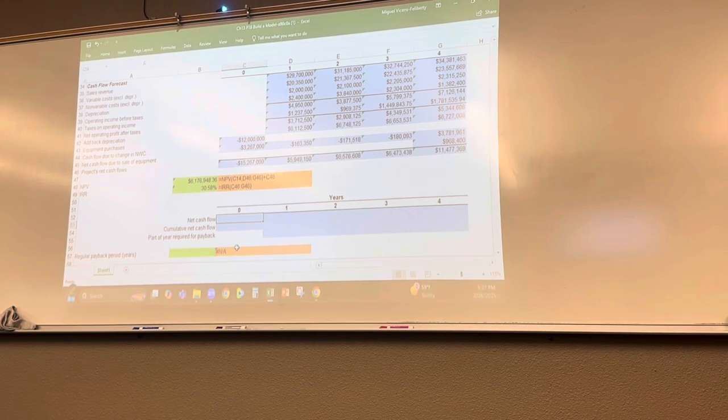Okay, so there's this annoying part where we do a regular payback period calculation. I'm just gonna do this real quick because it's real easy. My net cash flows are what I just calculated.